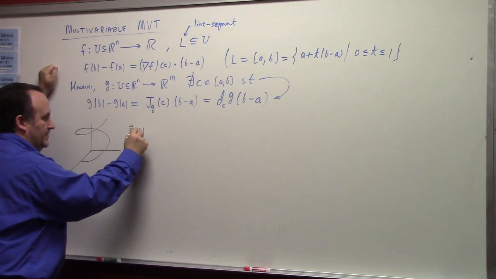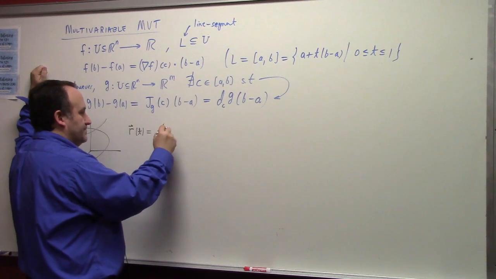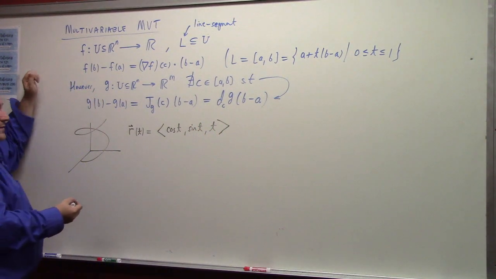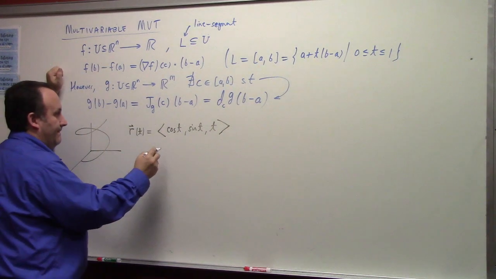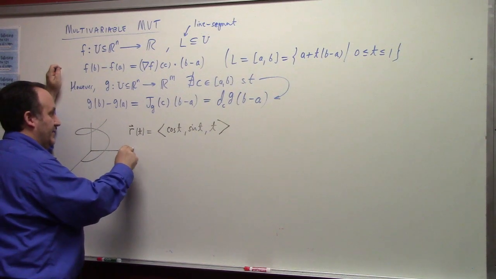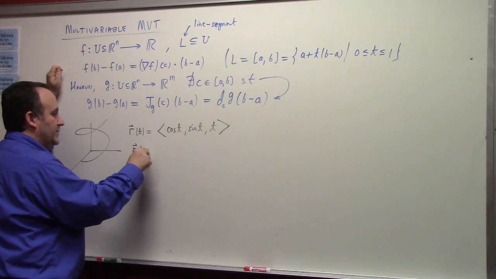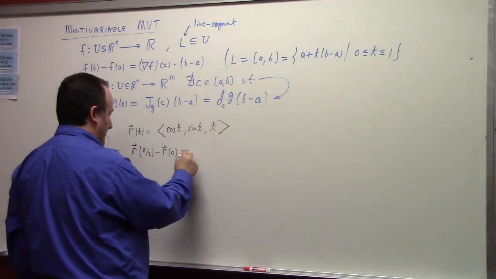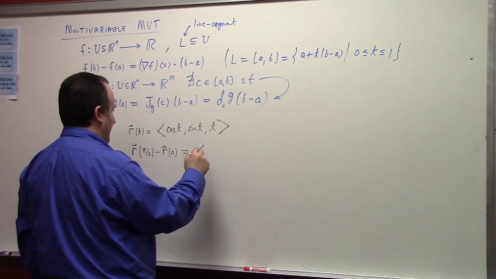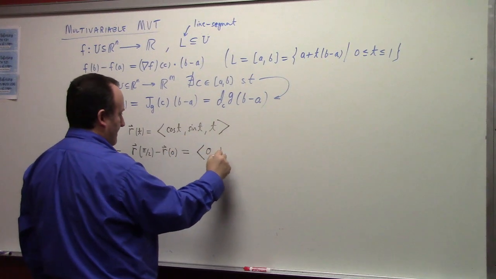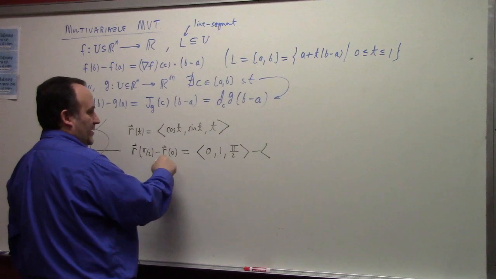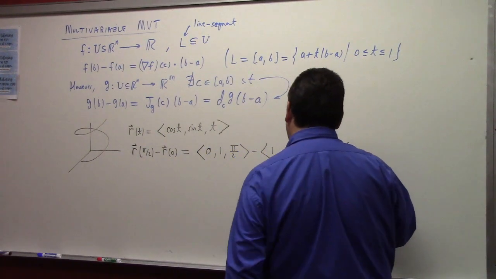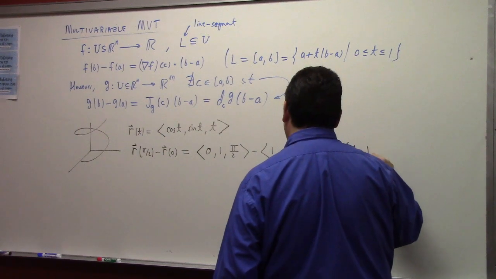Like R of T equal to cos T, sine T, T. And we can look at R of pi over 2 minus R of 0. That would be negative 1, 1, pi over 2.